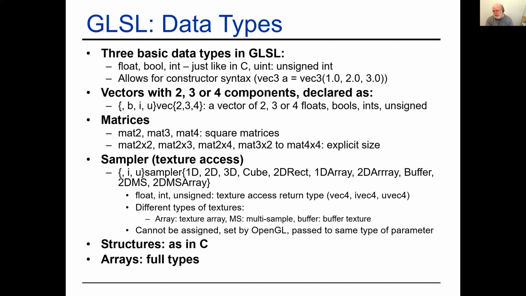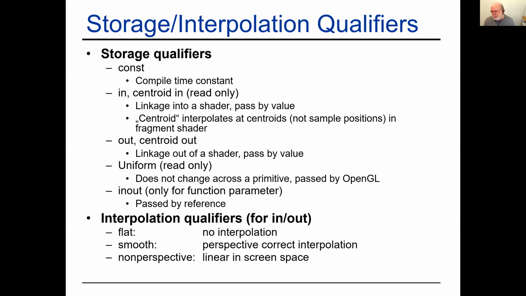A texture can return a color vector, for example. Yes, there are structures, just as in C. There are arrays, which, unlike C, are really full data types. C only knows pointers to the first element of an array. So here they're full data types.